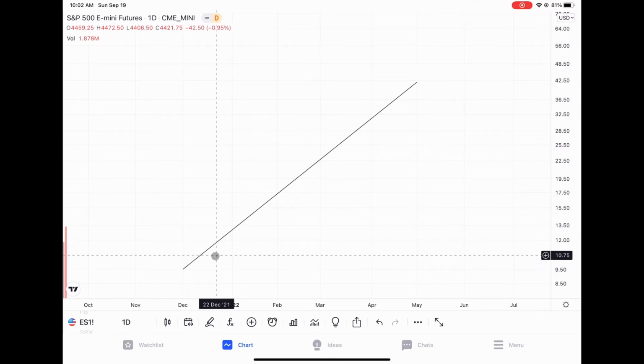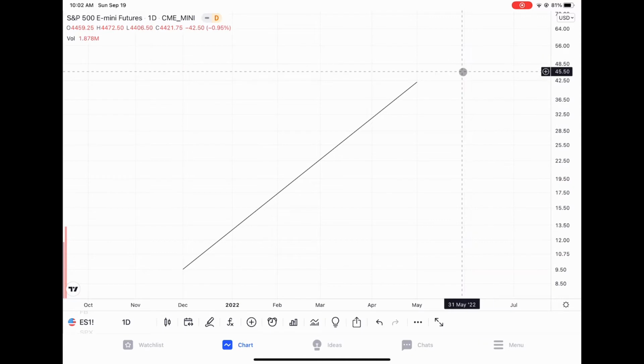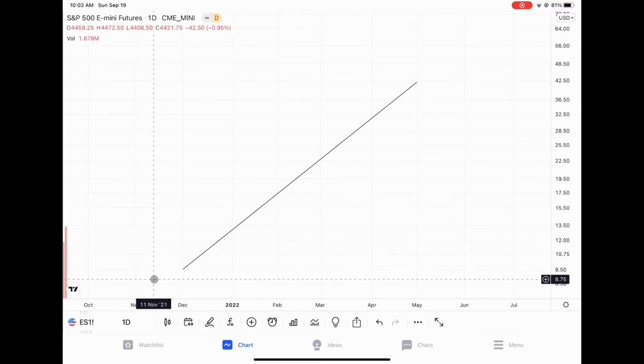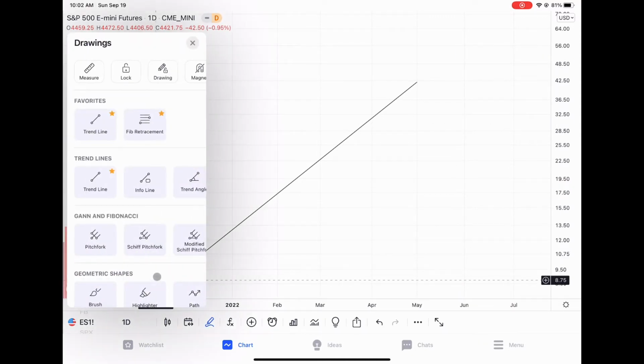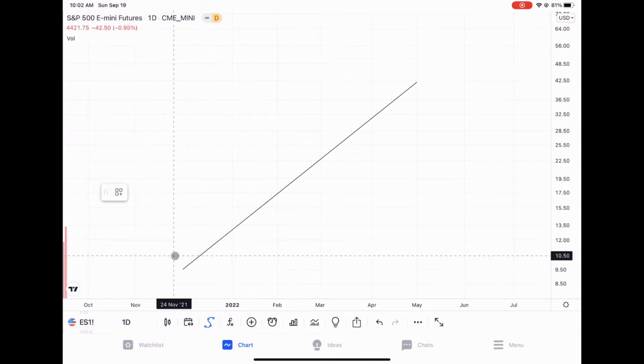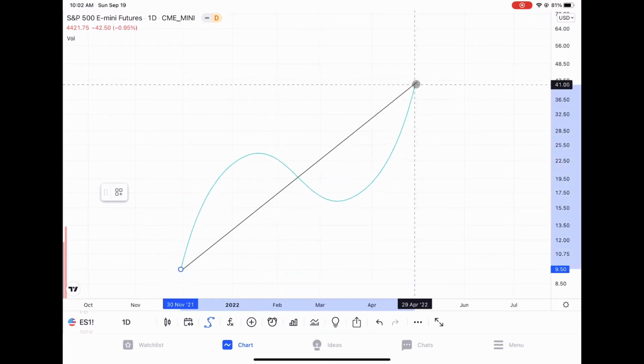The market more so moves somewhat like this, right?